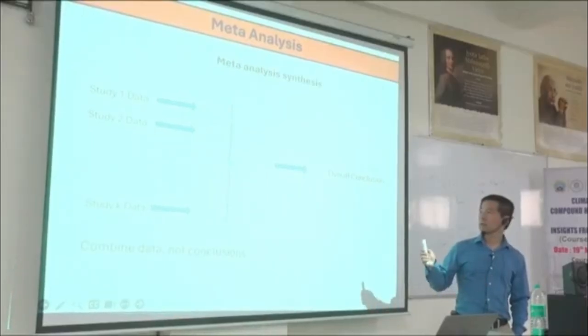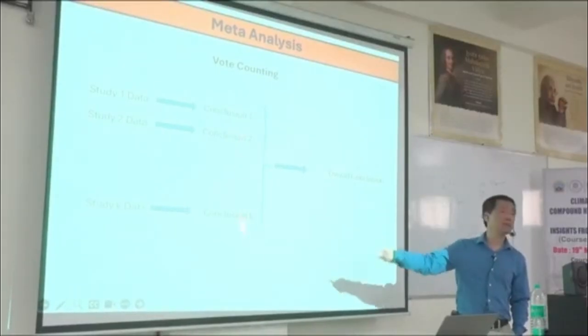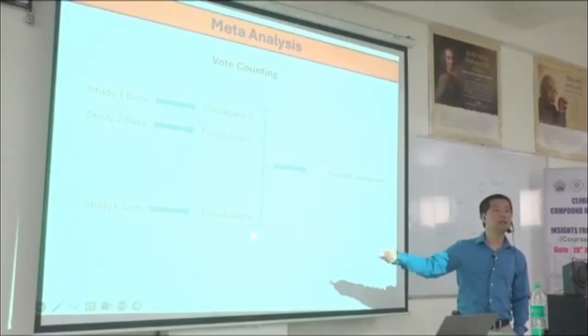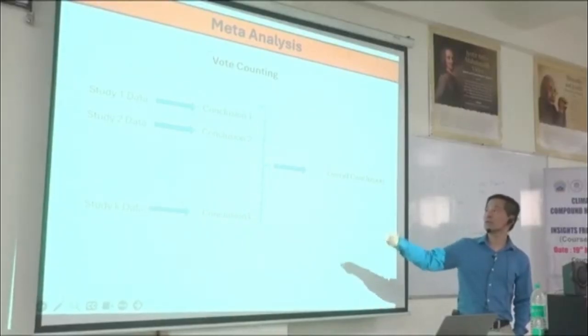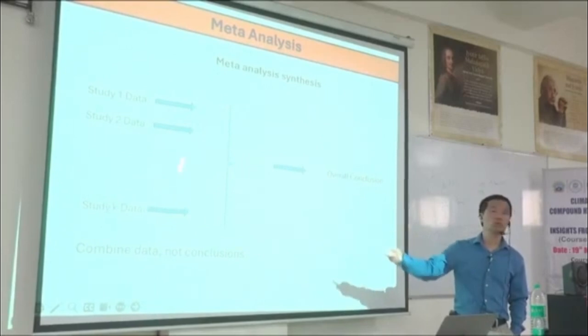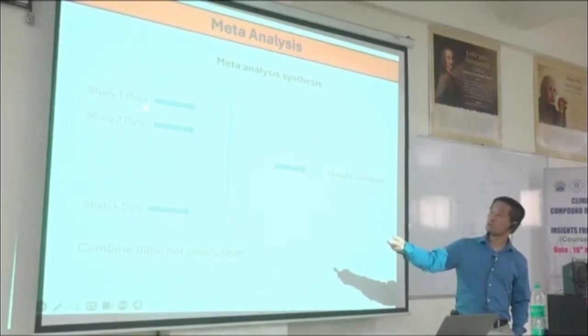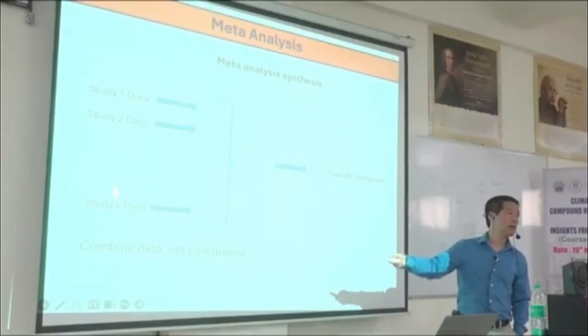But the downside is you're really just using secondary information. People already drew a conclusion. You just count how many reached conclusion 1, 2, 3, and you make your own conclusion. For meta-analysis, you really don't care about the conclusion people made in their own paper. What you do is collect data from each study, and then you combine the data.